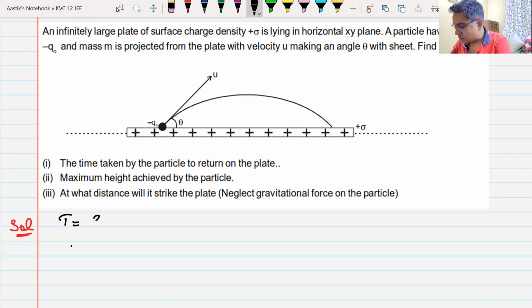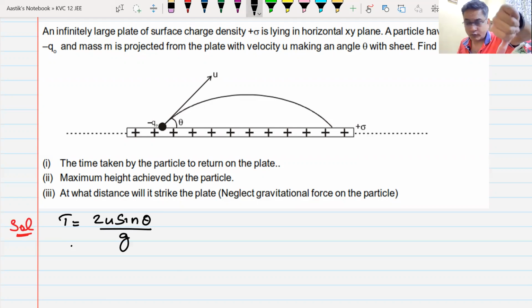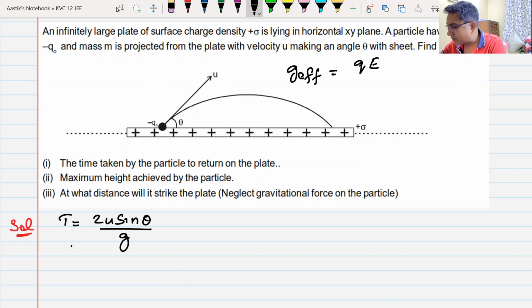The time period was 2u sin theta by g. Yes or no? You just have to replace this g by g effective. And what is this g effective? It is q into E by m.